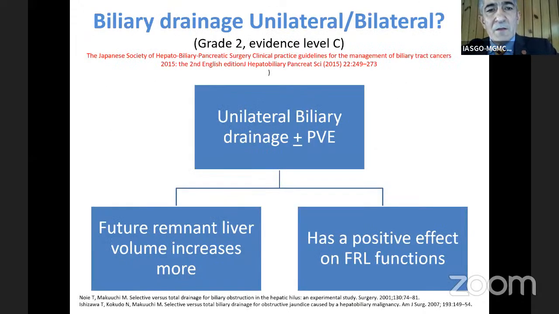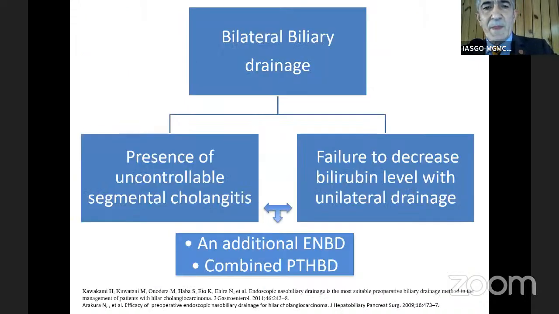Okay. Another problem is whether biliary drainage should be unilateral or bilateral. Usually, unilateral biliary drainage and portal vein embolization increase the future remnant liver volume and have a positive effect on it.